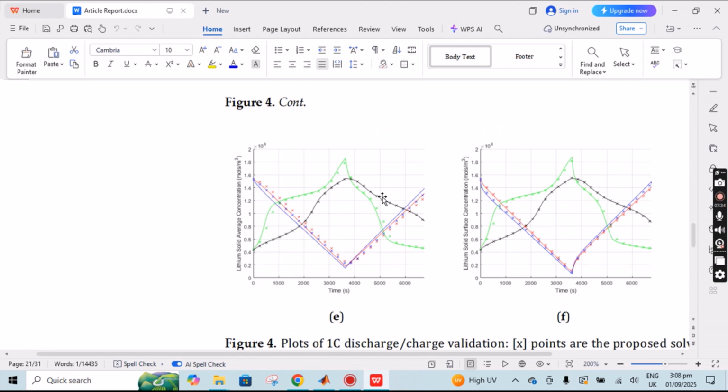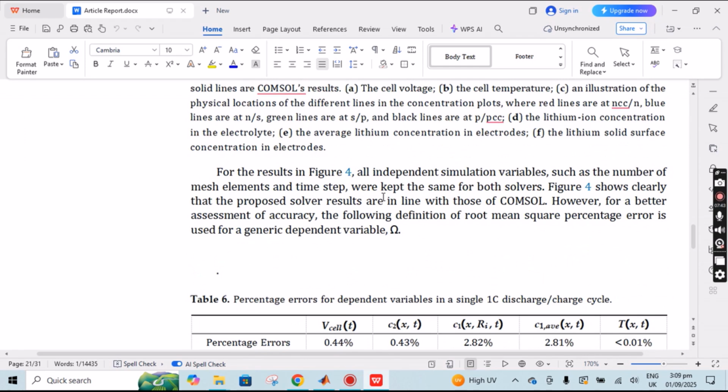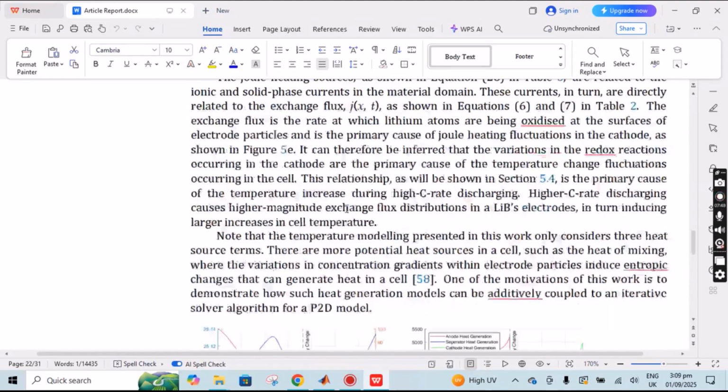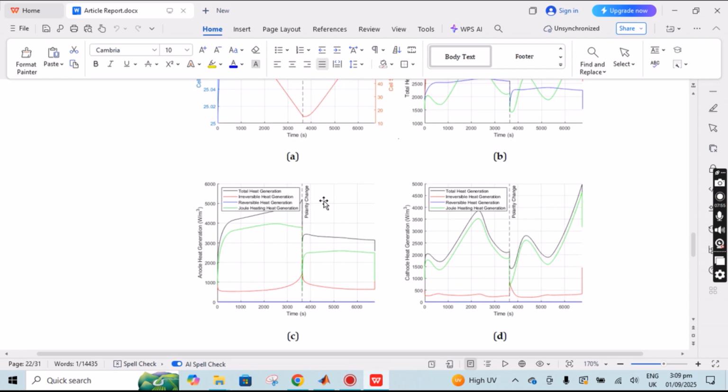These are the output results of the lithium solid average concentration and the lithium surface concentration as well. I have explained everything in figure form, with tables for the percentage, as well as the cell temperature, cell steady state charge, and the anode heat generation and cathode heat generation.